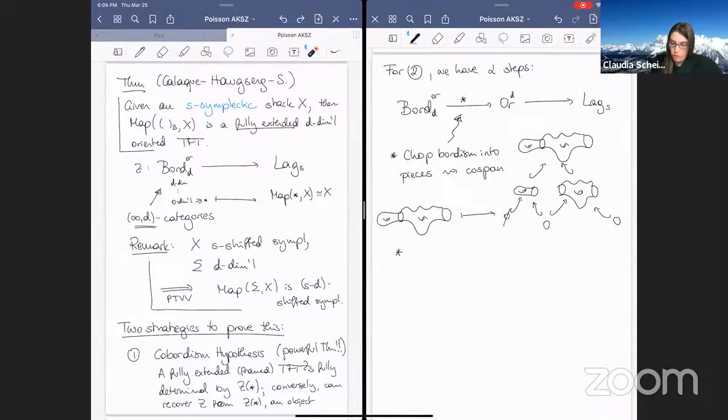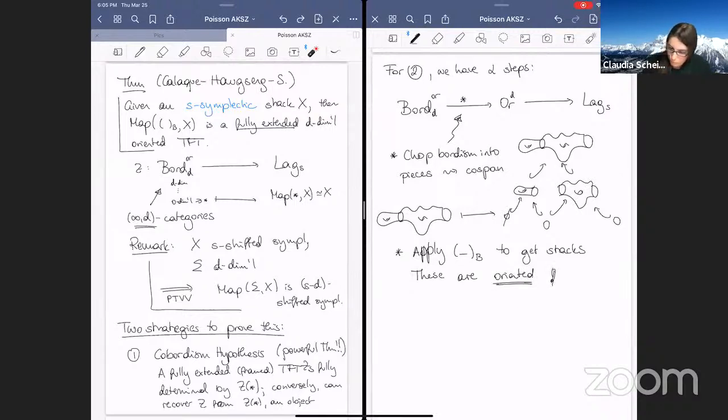Namely, first of all, we need to make stacks out of them. We need to apply this mysterious functor Betti that I told you about to get stacks, so that we're in the derived geometry framework that we want to use. And these have to be oriented. So there is a notion of what an oriented stack is. And actually, these have to be oriented cospans.